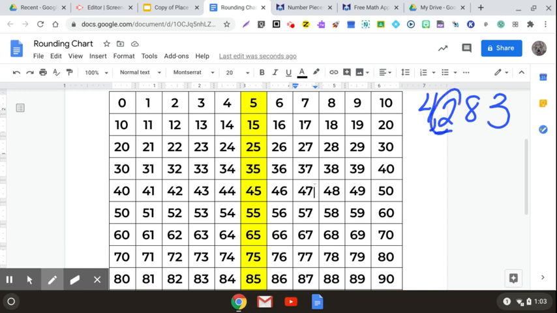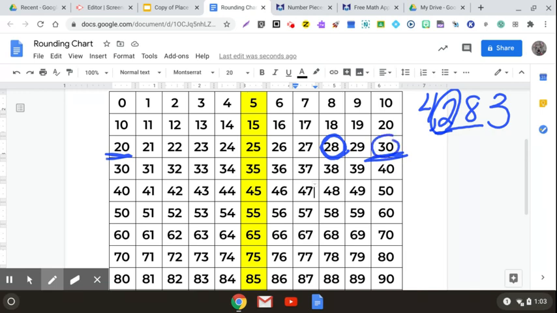So right here, what number did I circle? 2. What number did I underline? 8. So on my chart, I'm going to go find 28. Here it is. And I'm going to ask myself, is it closer to 30 or closer to 20? It's closer to 30.